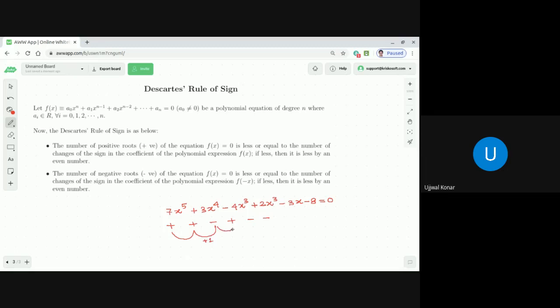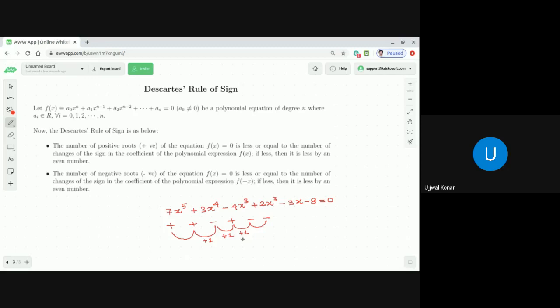Minus to plus, there is a sign change, we add 1. Plus to minus, sign change, we add 1. Minus to minus, nothing. So it can have a maximum of 3 positive roots, or if it is less than 3, then it should be less by an even number. That means it can have either 3 positive roots or 1 positive root.